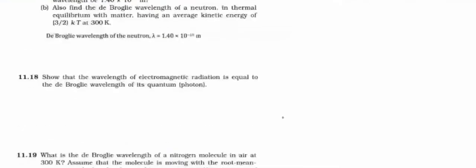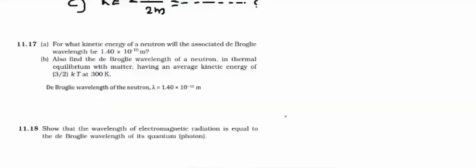Next, question 70. For what kinetic energy of a neutron will the associated de Broglie wavelength be 1.4 into 10 power minus 10 meter?